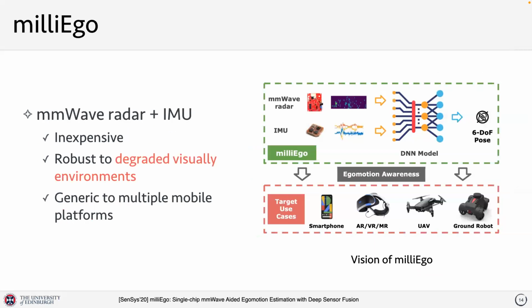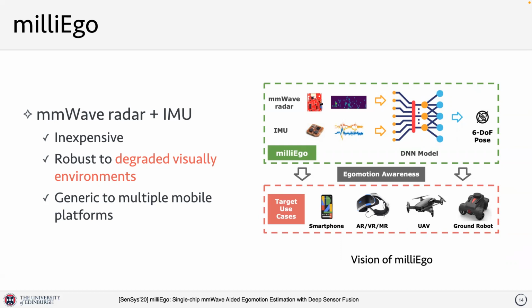So our milli-ecosystem was proposed in this context. We try to find robust and inexpensive solutions to handle the above visual degradation without sacrificing the egomotion estimation performance. The key idea behind this work is a novel sensor fusion system, featuring the single-chip millimeter radar to replace the optical sensor in the original system.